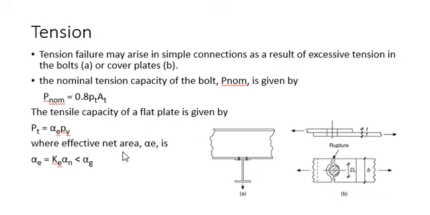Just take a complete plate, or let's say a paper, try to pull it, and then in the next step, take that same paper, punch a hole in it and try to pull it. Which one would be easily torn apart? You'd see that the paper with the hole in it would easily be torn apart. So that's the concept here. The effective net area takes care of those holes, and that is given by this expression.